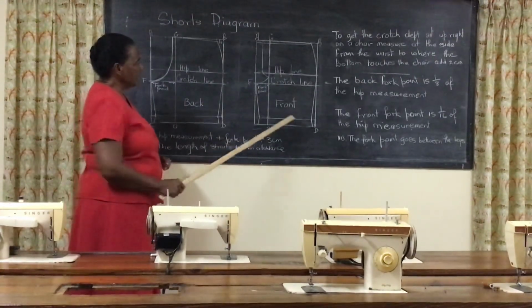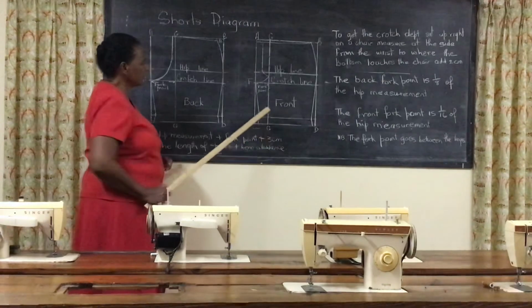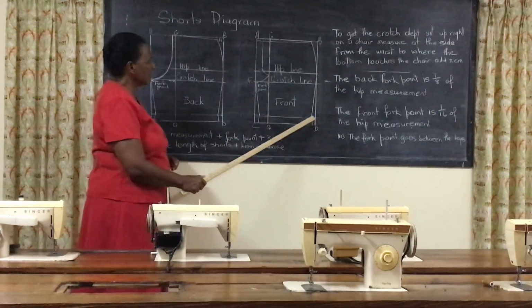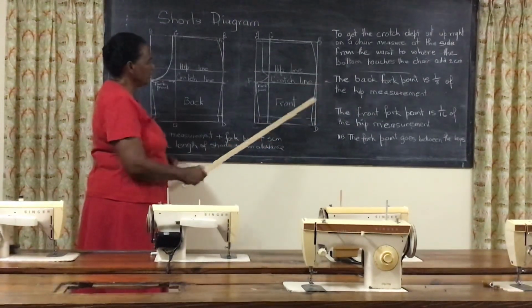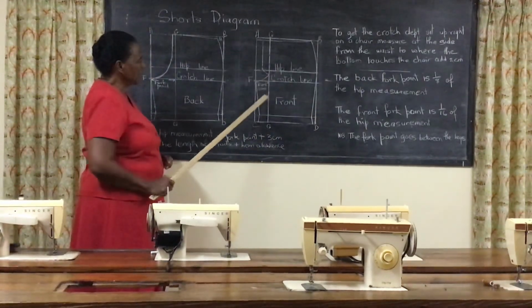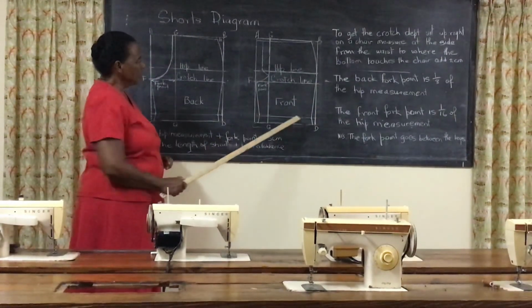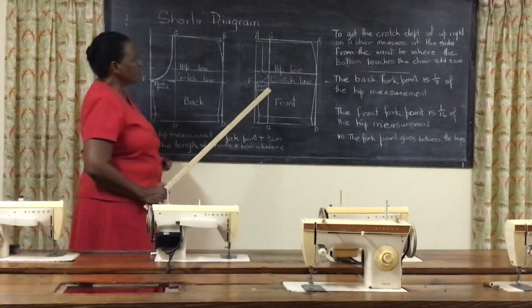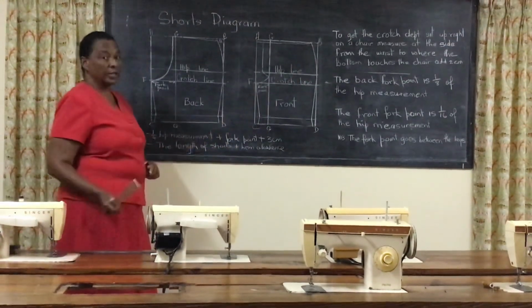Again, the same thing applies on the leg, equal distance from this side, and you connect the hip line to that point, you connect the 4 point area to there, and then you add your hem line. Okay, now we're going to be doing it on the fabric.